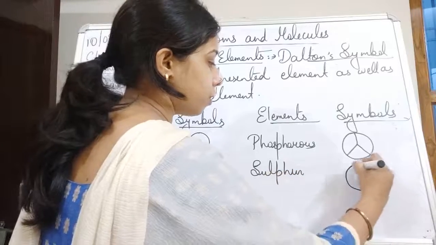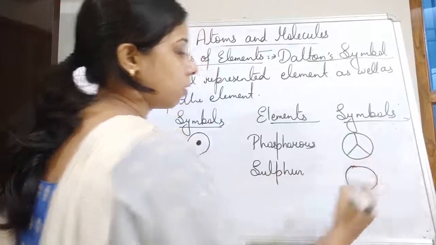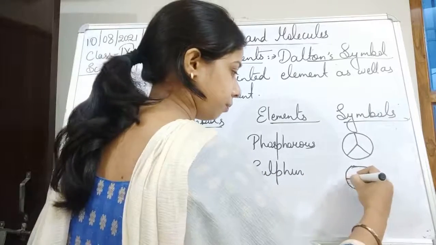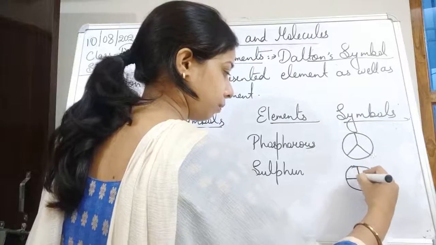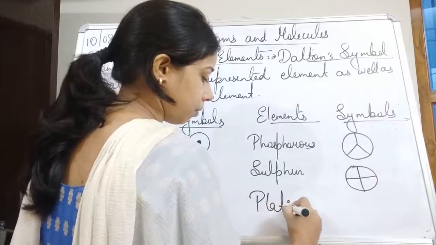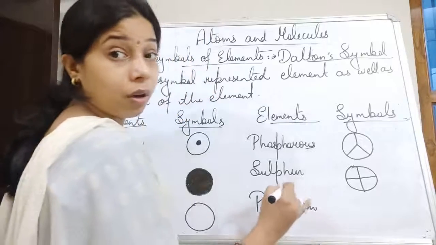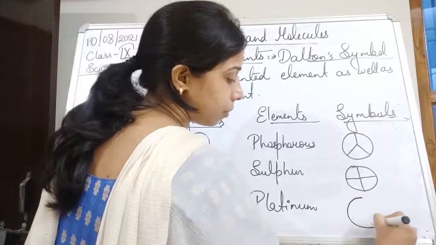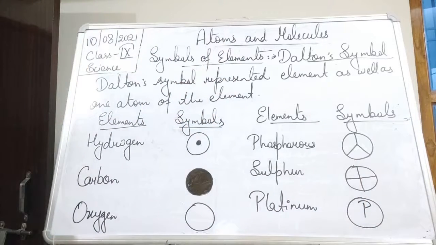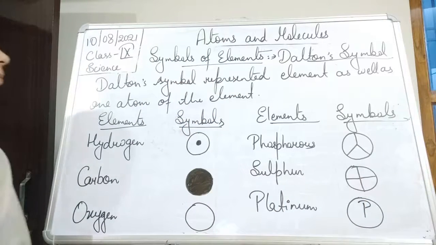The symbol of sulfur is this. Then platinum. The symbol of platinum is P, platinum. Then iron.